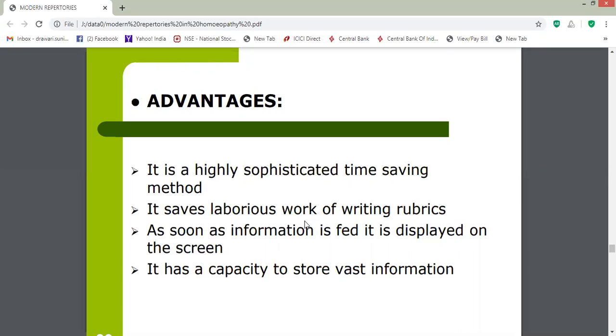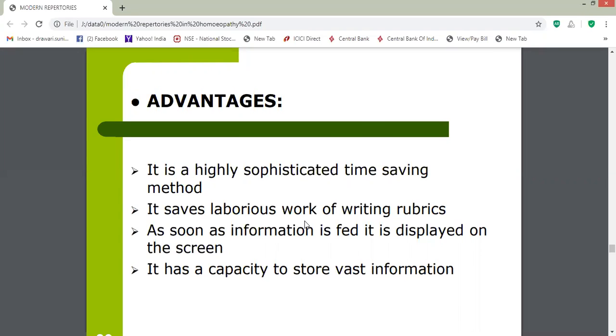Among the foreign softwares, there are Radar, Cara, Cara Lite, Homeo Repertory System, then Mac Repertory, Homorep, Homoyorep, then Lamina, Micropath, the Samuel, the Profile, Medical Expert System. So these are all foreign softwares.